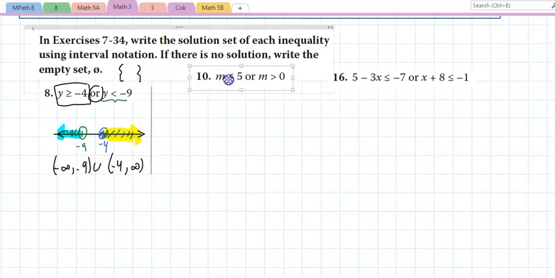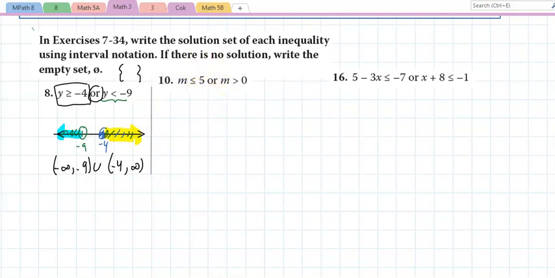Number 10 is next. Well, the same deal. They kind of solved it for us. If I take the first solution, it says m is less than 5. Okay, there's 5 right there. Included. Less than is to the left. So here it is. And 0 is to the left of 5, not included, and I shade to the right because m is greater than that.